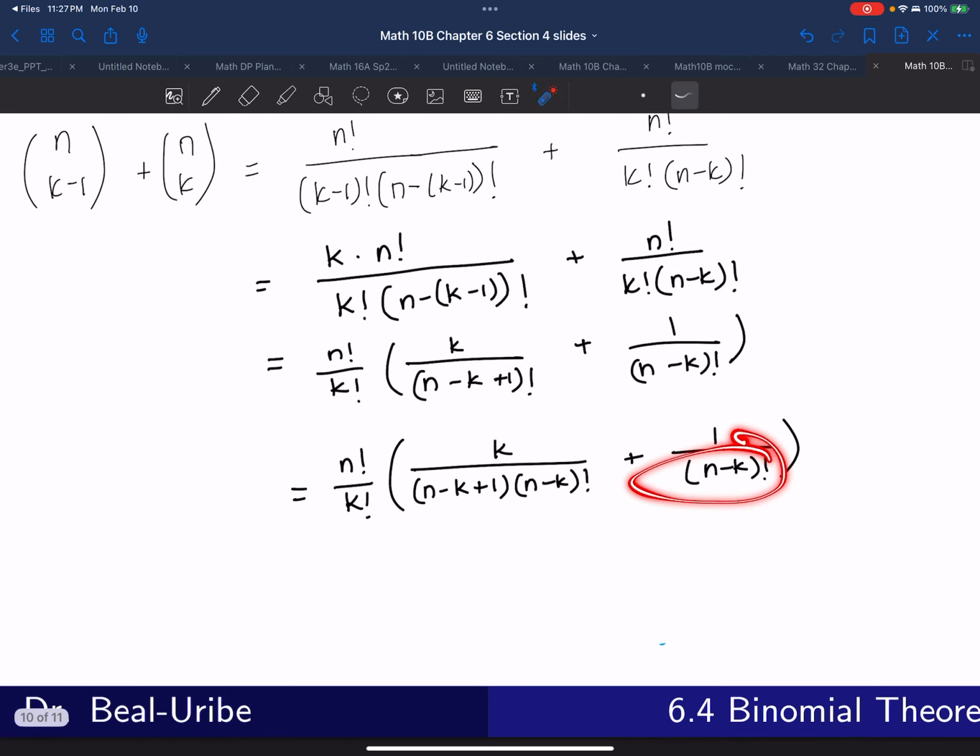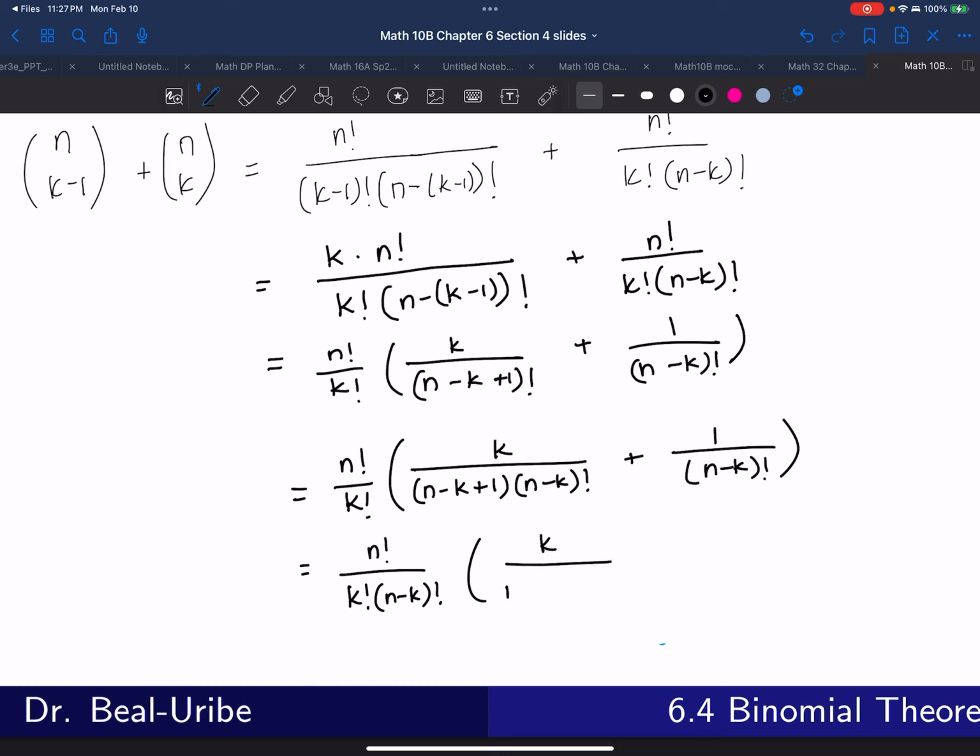And I now have an n minus k factorial in both factors, so I can pull that out. So I've got n factorial over k factorial, n minus k factorial. What remains is going to be k over n minus k plus 1, plus 1.